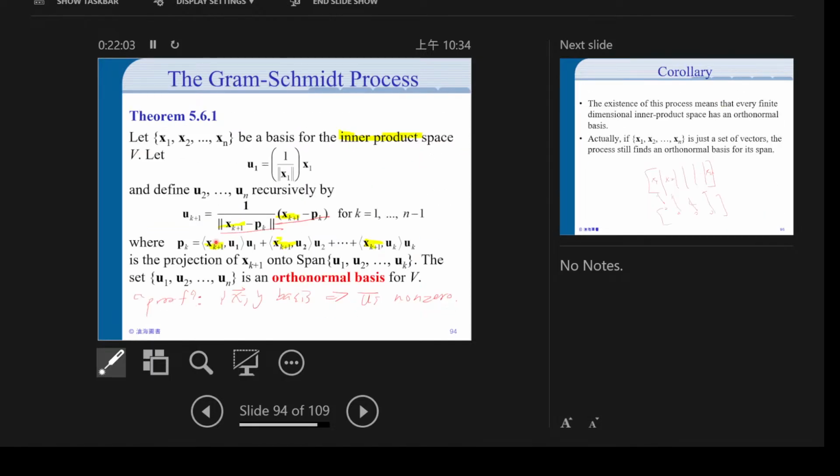Okay, and I guess we can say it here a little bit because you already see it. Because xi is a basis, x1 is not zero, so you can find u1, and whenever you pick the next xk plus 1, this xk plus 1 will be linearly independent of all those u1 to uk. And so this xk plus 1 minus pk will be non-zero.